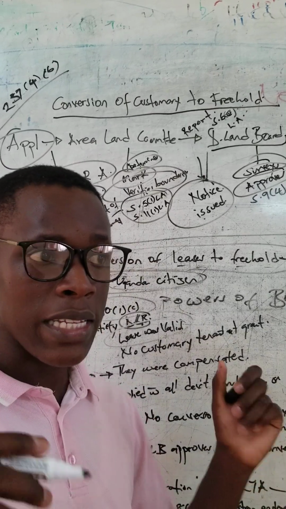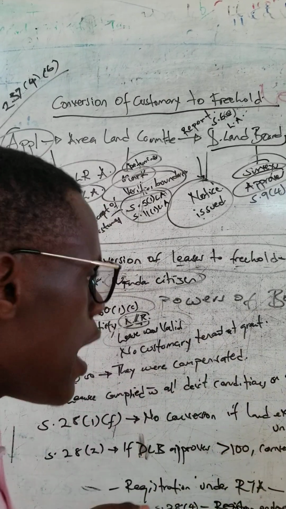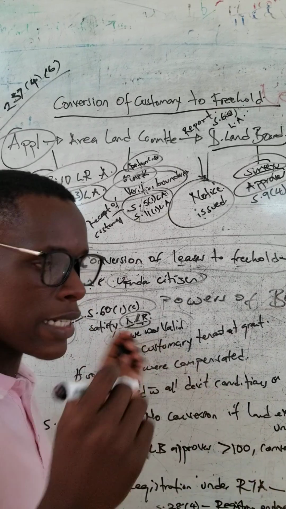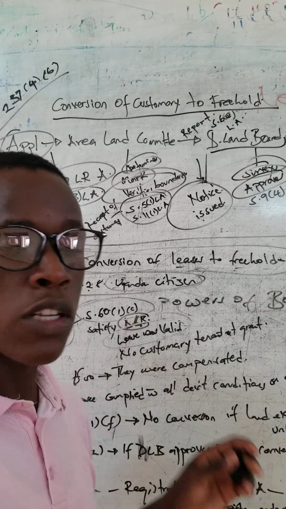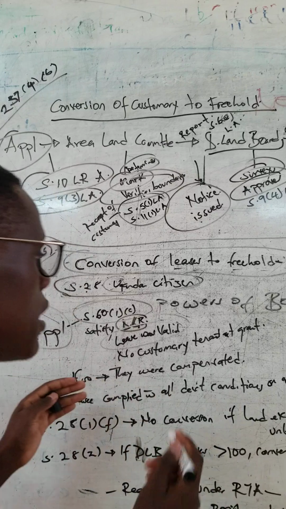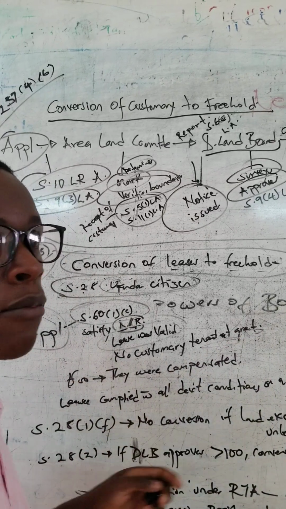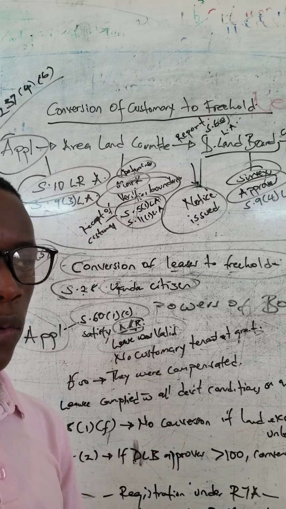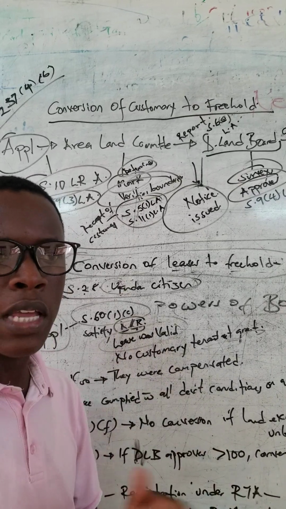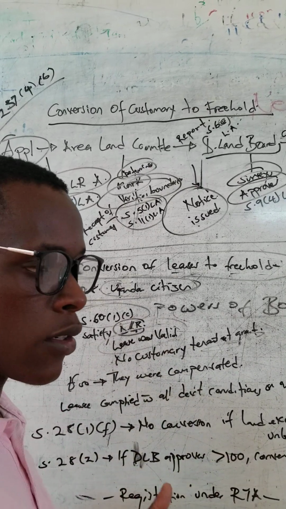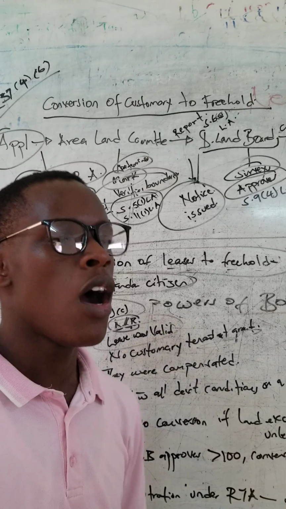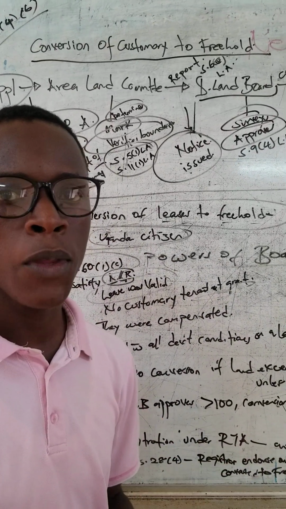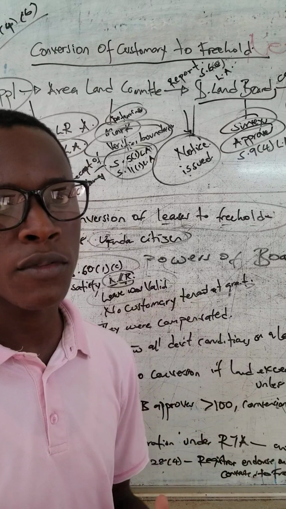on the lease that you are trying to change, there must not be any customary tenant at the time you are granted that lease. You understand? At the time you are granted that lease, there must not be any customary what? Tenant. What do I mean by that? These customary tenants that occupy the land have a security of tenure.